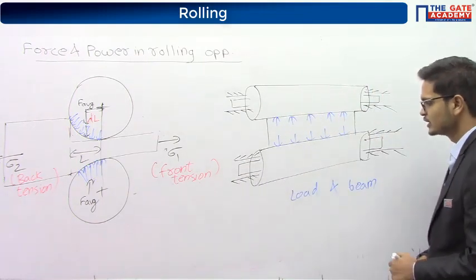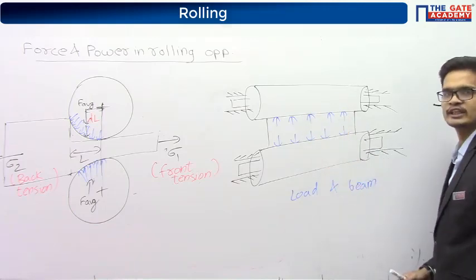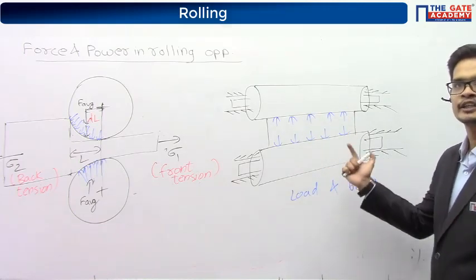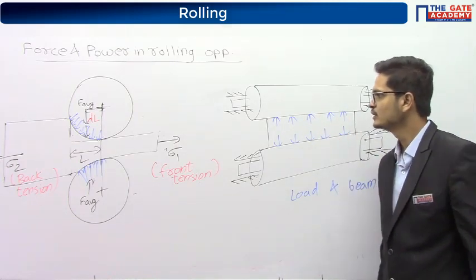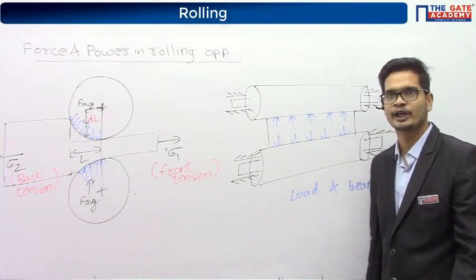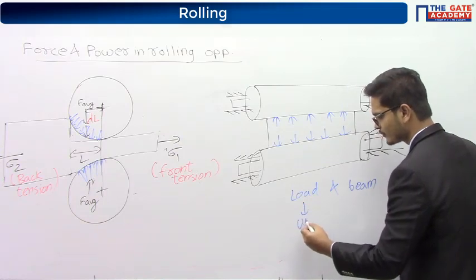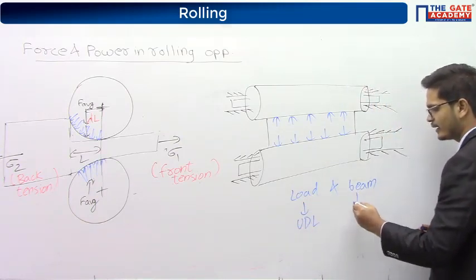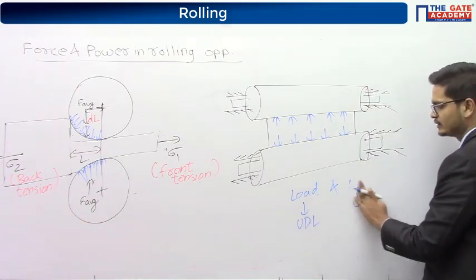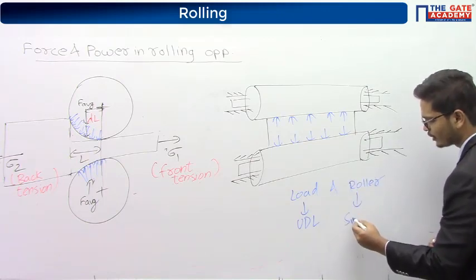Very good, guys. So here the rollers are behaving like simply supported beams, and the load is a uniformly distributed load, UDL.